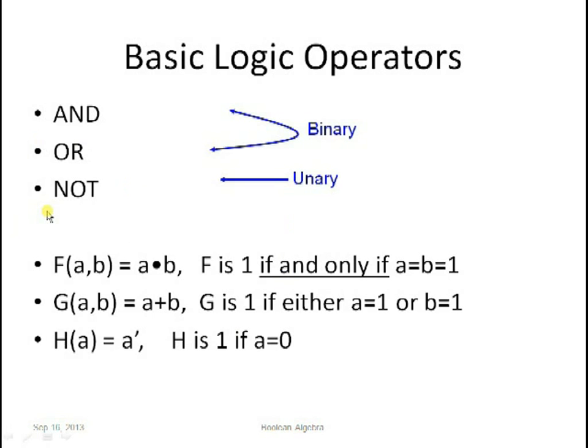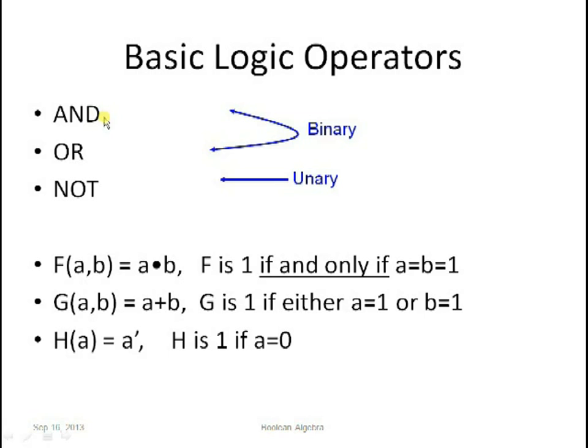Now these are the basic logical operators that we use: AND, OR and NOT. And the AND and OR operators are called binary operators because these operators operate on two variables. And the NOT operator is called a unary operator because it operates only on one variable. Let us see, f of a comma b equals a dot b, where dot is the symbol used for representing the AND operator.